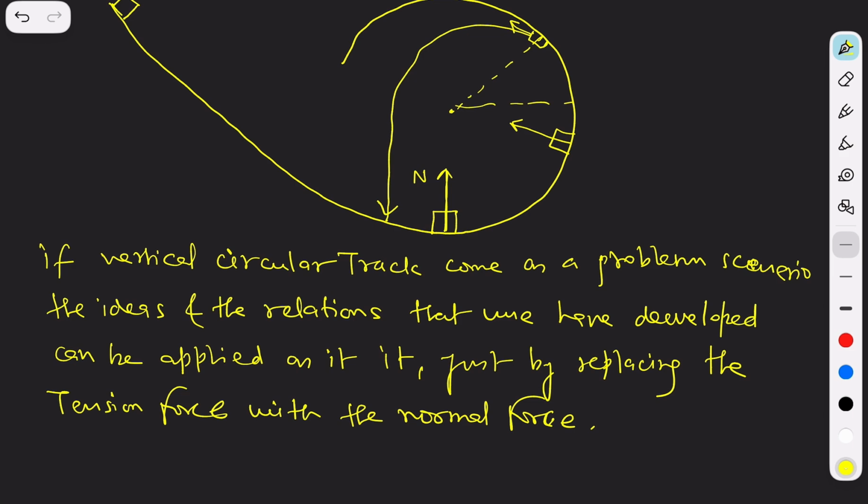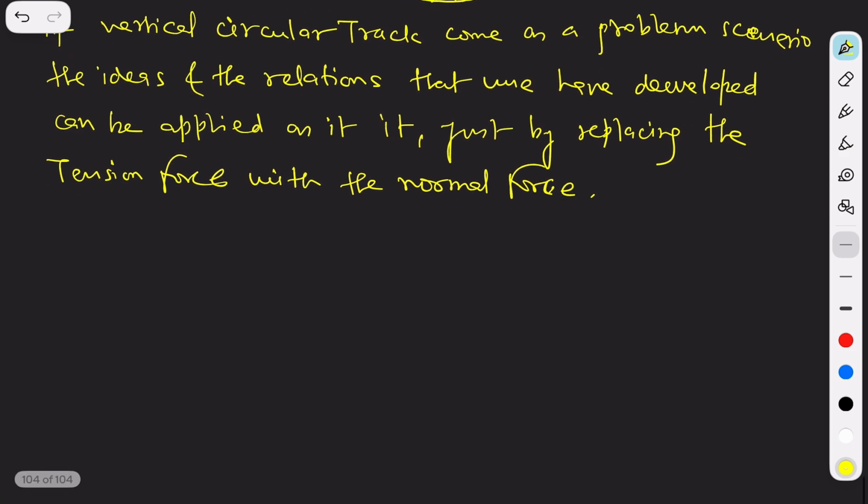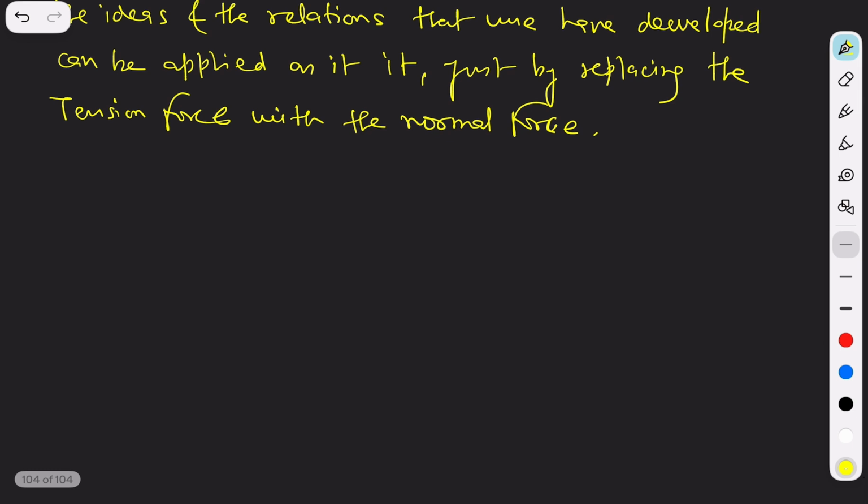Now coming to the last scenario that I wanted to cover, scenario 3.